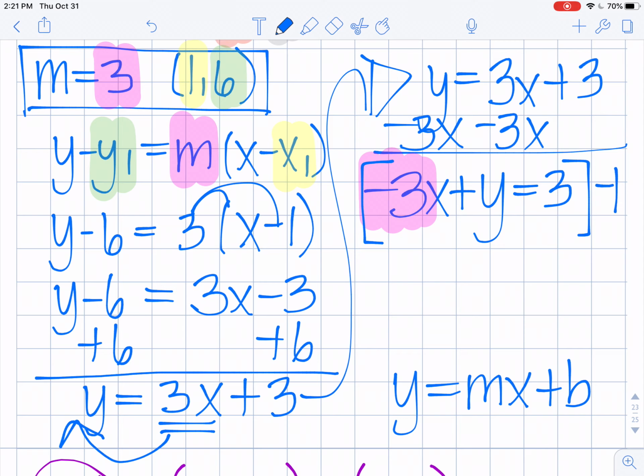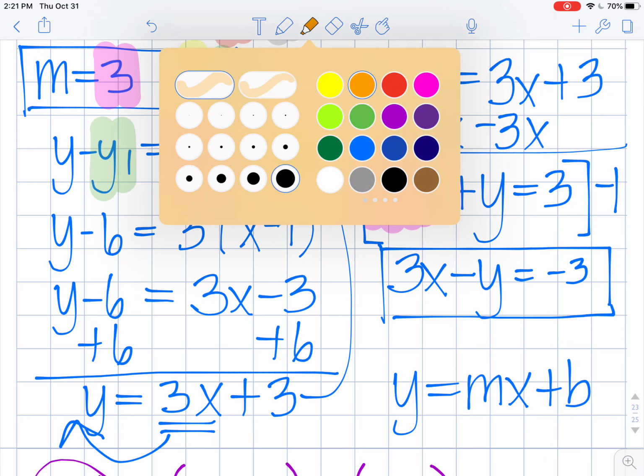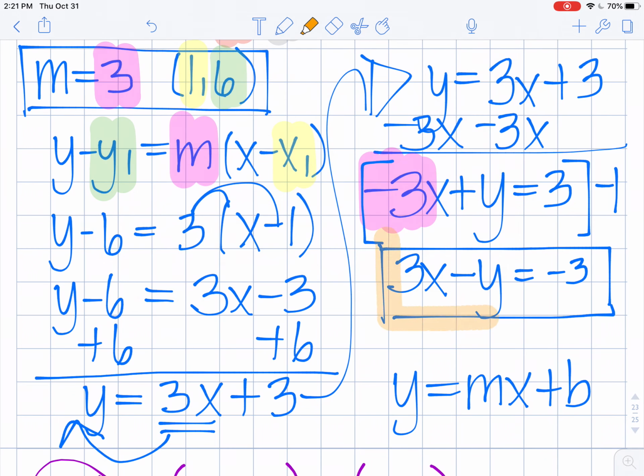So this gives me 3x minus y equals negative 3. This is your final answer in proper standard equation form, like this.